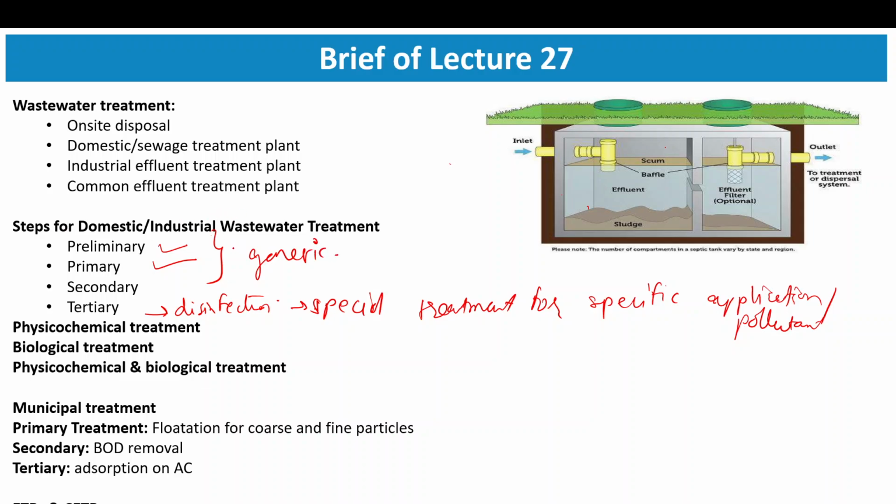The rest are very generic, and you can generalize them for both domestic and industrial. The preliminary method is just screening through grit and bar racks. Here we employ screens or strainers, which remove very large or big materials present in the water.